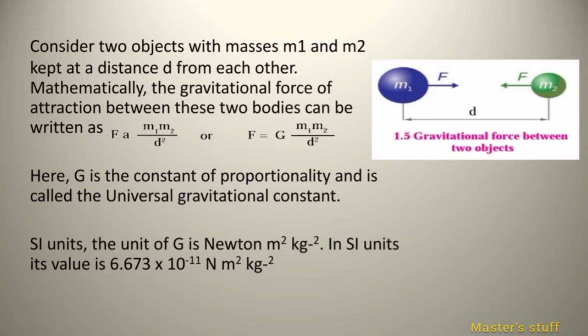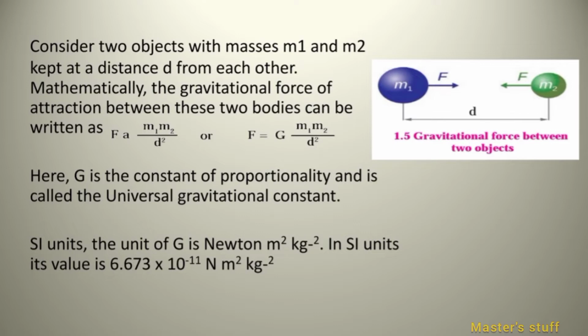Now, mathematically, the gravitational force of attraction between these two bodies can be written as F is directly proportional to m1 m2 upon d square, or F is equal to G m1 m2 upon d square.